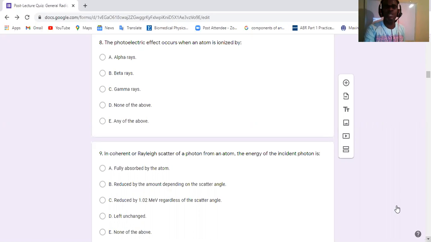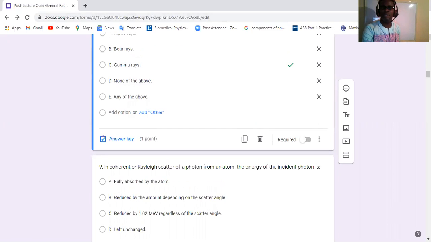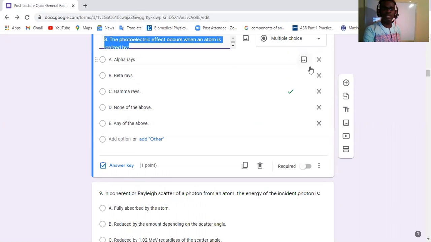So gamma rays ionize the atom via photoelectric effect and then Compton scattering. So it is actually gamma ray.